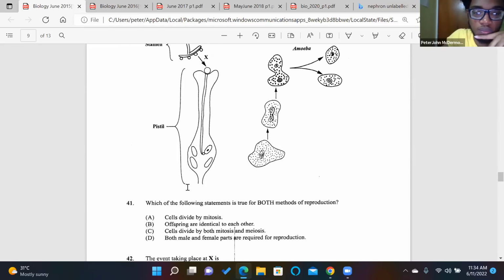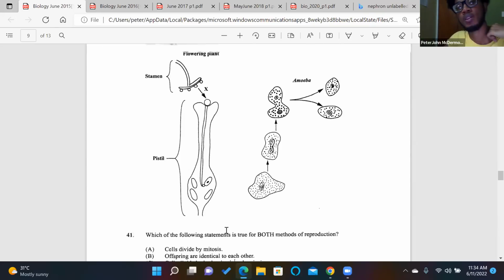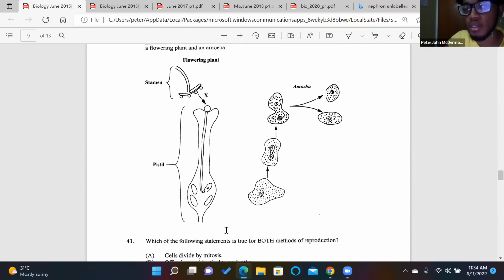But this and this are the same thing, essentially. This is not true for an amoeba. I would go with C as well, but it feels kind of strange. Which one divides by meiosis, by the way?